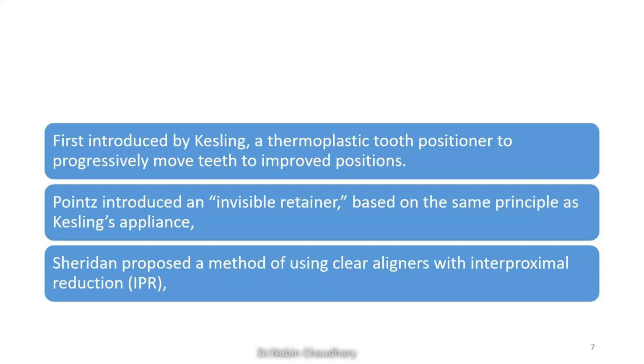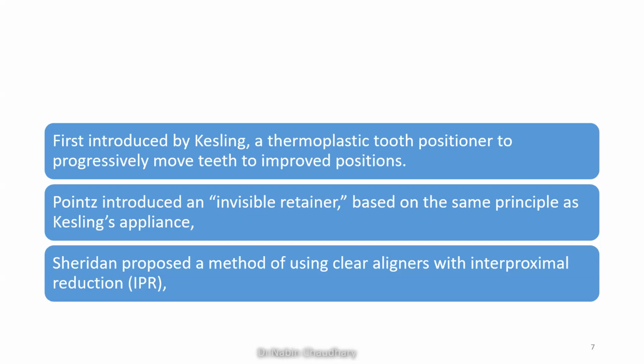Going to the history of the clear aligners, the first was produced by Kesling, a thermoplastic tooth positioner, which was progressively used to move the tooth into the desired position. Then Pointz introduced the invisible retainer based on the same principle, and Sheridan proposed the method of interproximal reduction, and through it they moved the tooth into the desired location.